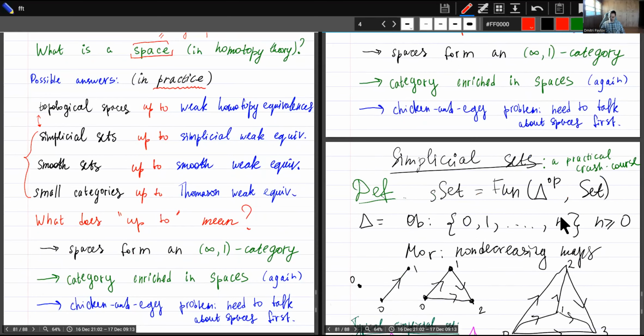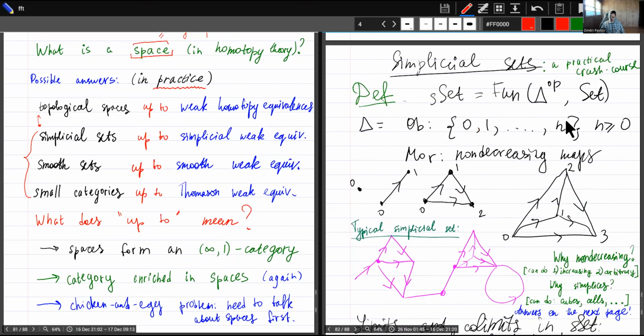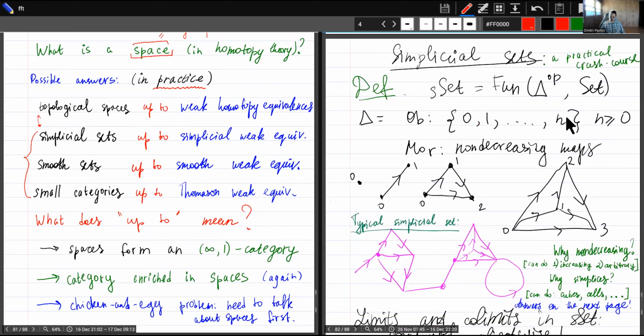All right, let me give you a very brief and practical crash course in simplicial sets. Simplicial sets are a very typical application of the functor of points ideology.